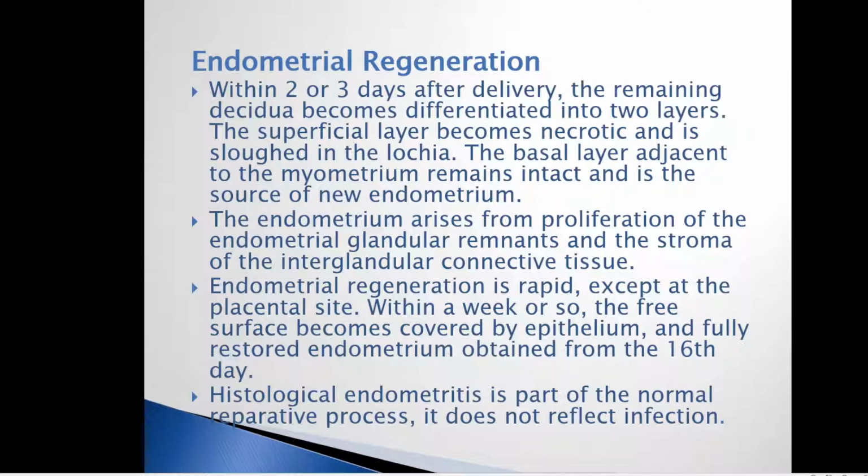The endometrium arises from proliferation of the endometrial glandular remnants and the stroma of the interglandular connective tissue. Endometrial regeneration is rapid except at the placental site. Within a week or so, the free surface becomes covered by epithelium, and fully restored endometrium is obtained by the 16th day. Histological endometritis is part of the normal reparative process. It does not reflect infection.